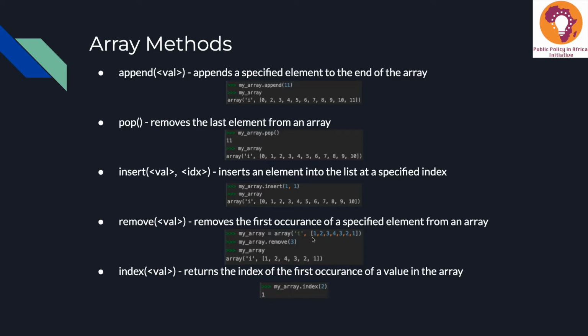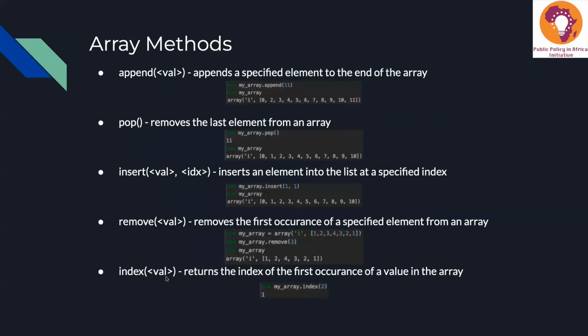All right, what is val representing? Val is just representing a parameter. The reason I included it here is to call out that this method requires a parameter. For append, you have to pass a parameter into the parentheses, and whatever you pass in, that's the value you want to append, or the value you want inserted, or the value you want removed, or the value you want the index of.